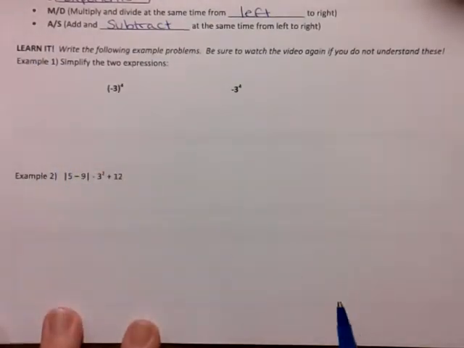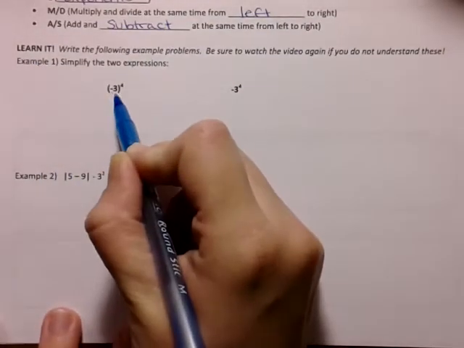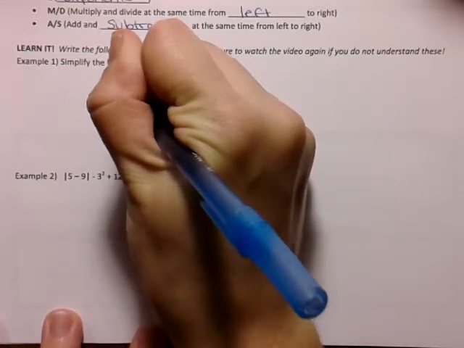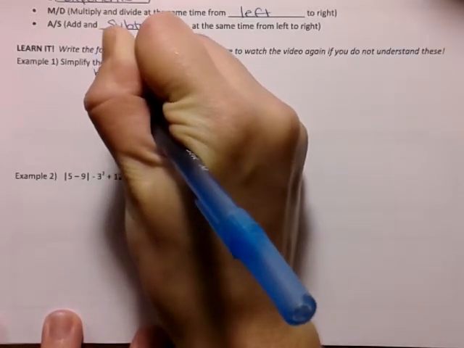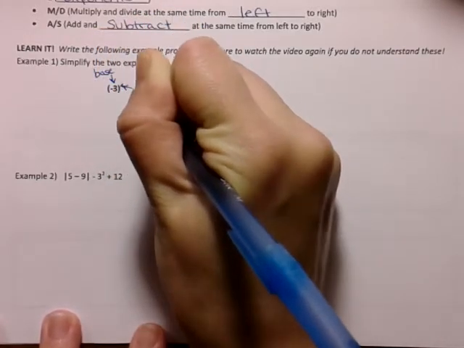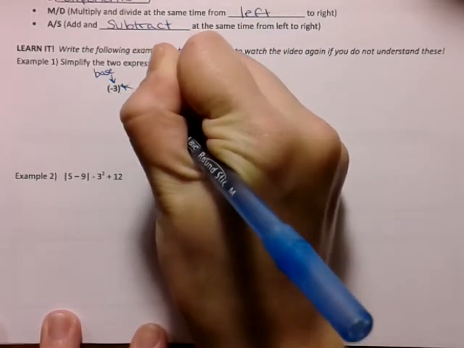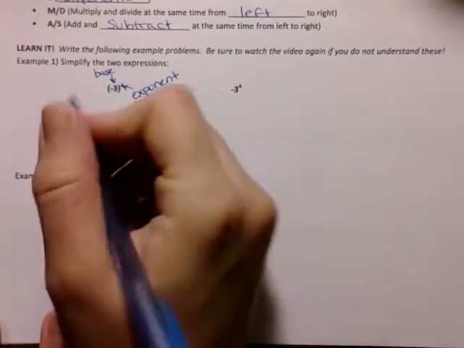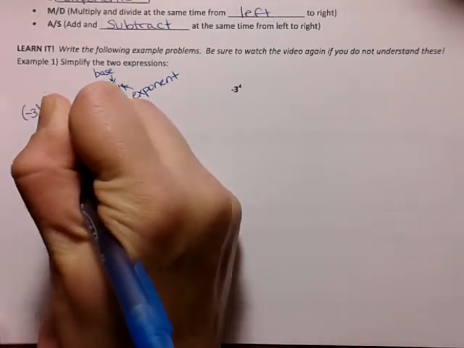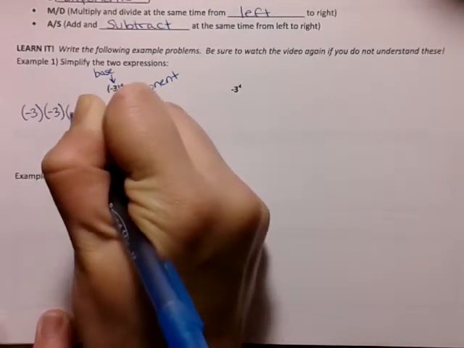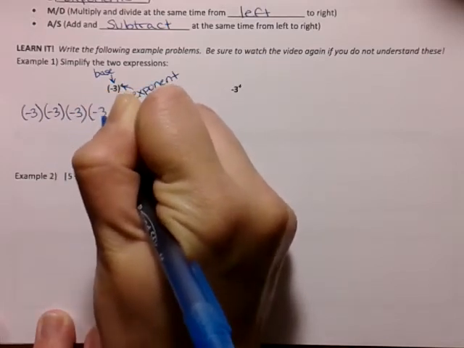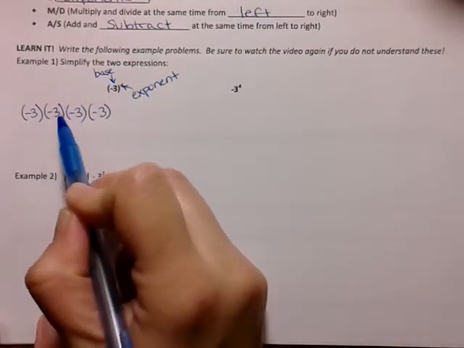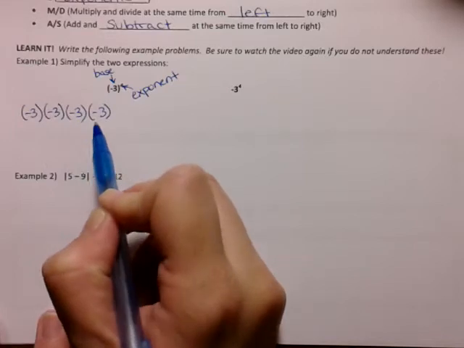Number one, simplify the two expressions. (-3)^4. The -3 here is our base, and the 4 is the exponent. This is -3 to the 4th power. So we'll write this out as -3 times -3 times -3 times -3. Remember, there's an invisible multiplication in between the parentheses.